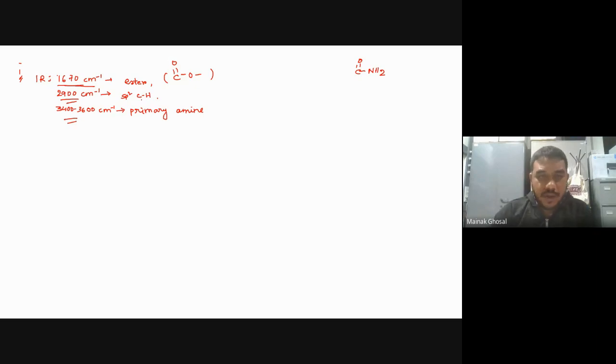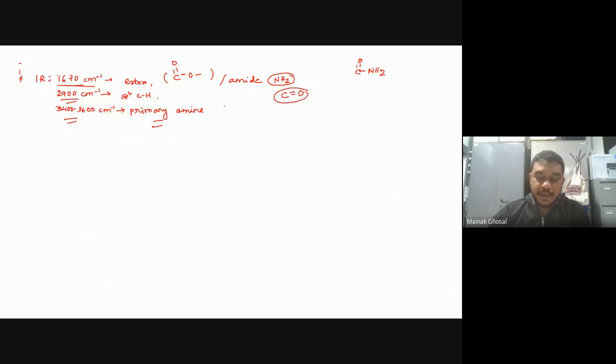Now you have got some ester or amide kind of thing, and also a primary amine. So one thing is confirmed: NH2 is present in the molecule, and C=O kind of functionality is also present. That much information you have got.